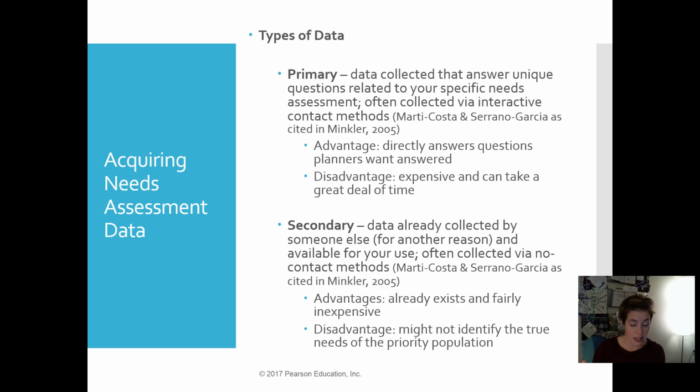It already exists. You don't have to collect it yourself. The disadvantage is that it might not identify the true need in a priority population. It will depend on the questions that were asked in gathering that data. So much like in any research capacity, with primary data, you are the one, and again, you being hopefully a collective of representative folks, who are asking what questions are necessary for that particular community and the information you're hoping to seek.